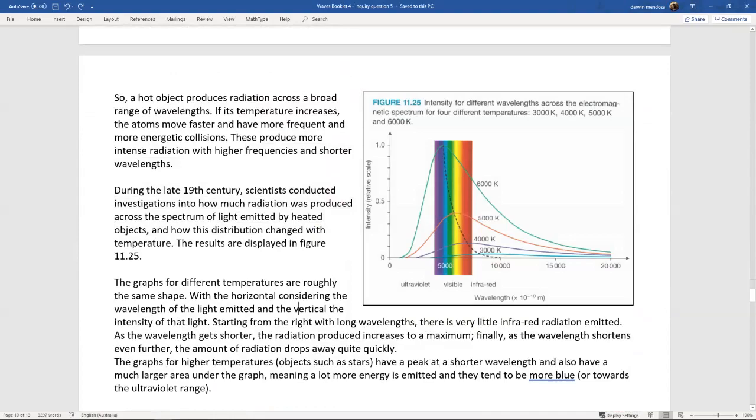But yeah, so this curve is supposed to represent the average, the most typical. The peak here is the highest intensity of a wavelength.